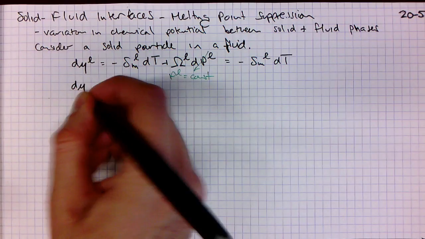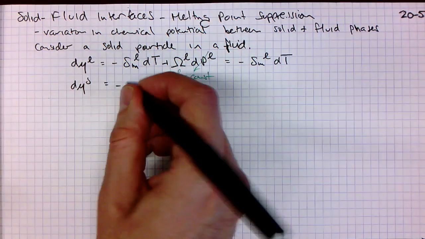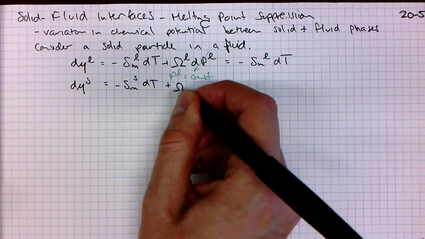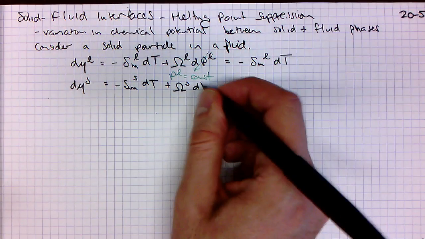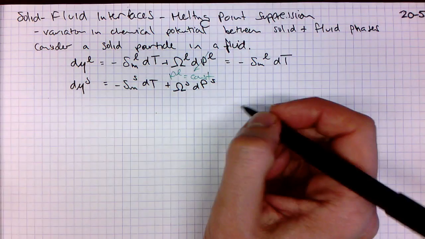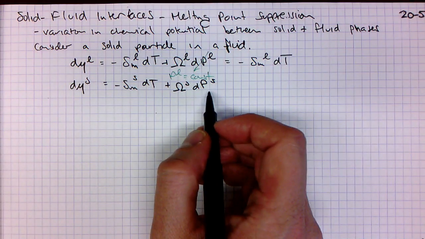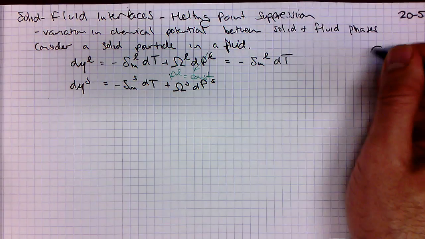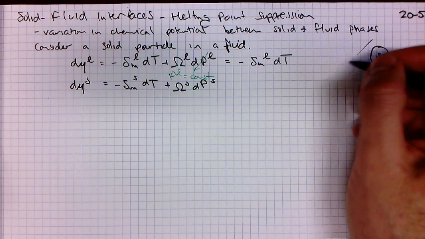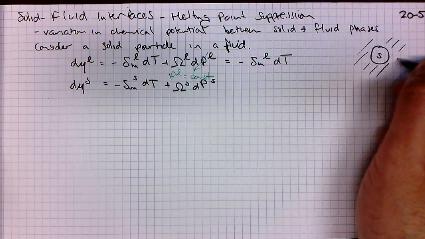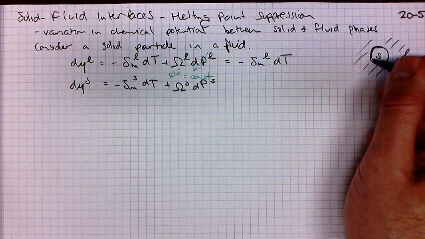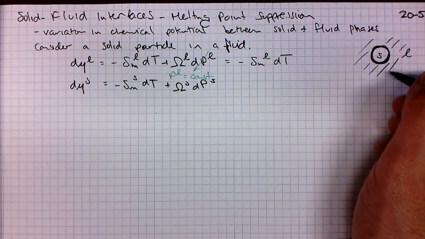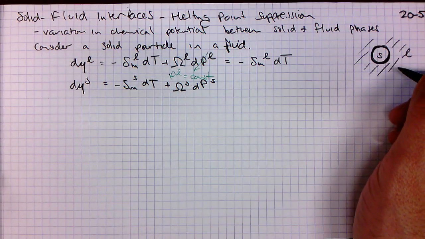So this would just be minus the molar entropy of the liquid dT. The chemical potential of the solid, though, is going to have contributions both from the entropy and from the molar volume of the solid and the pressure. And the pressure in the solid is going to be set by the fact that the solid is a particle. We're assuming we have a solid particle in a liquid, so because it's a particle, it's going to have some Laplace pressure from the interfaces we previously discussed.